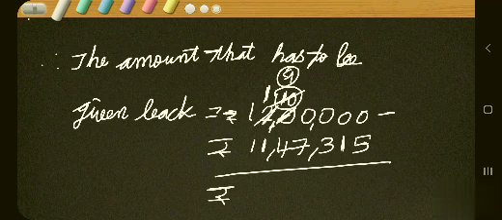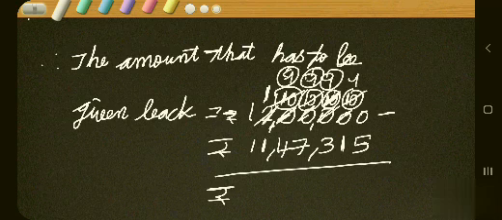Like that it will go on, isn't it? Again here 10, on borrowing 1 it becomes 9. Here 10, and on borrowing it becomes 9. And finally we have here our 10.